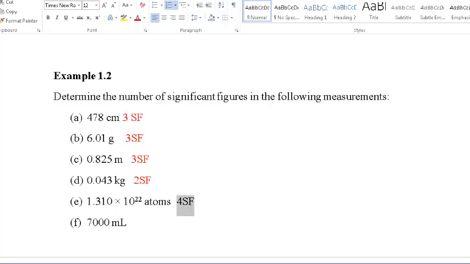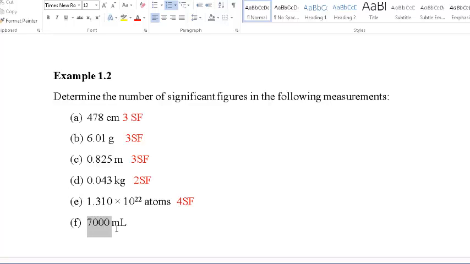If I'm a test taker and I see a number in exponent form or expressed in scientific notation, I'm very, very happy, because all I have to do is recite the number of digits to the left of the 10, and that's 4.